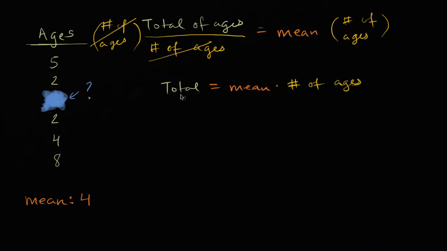So maybe we can use this information because we're just going to have this missing question mark here, and we know the mean and we know the number of ages. So we just have to solve for the question mark.